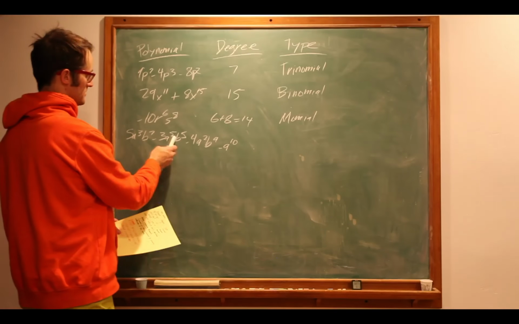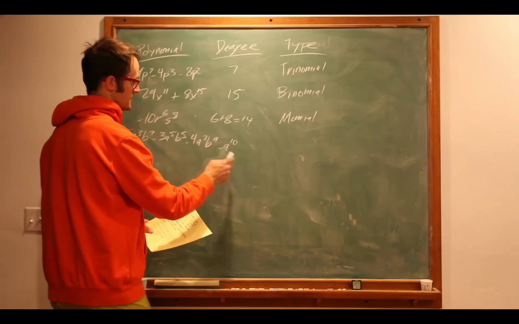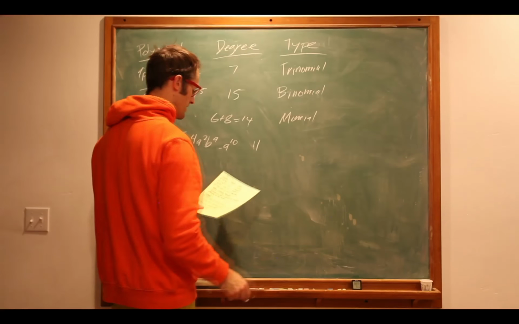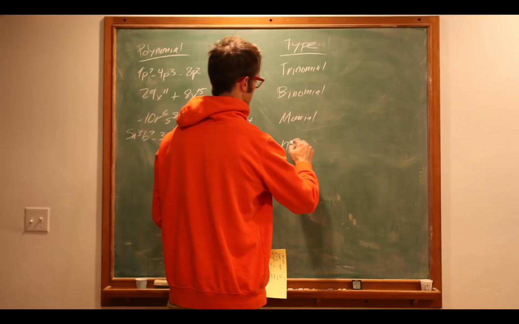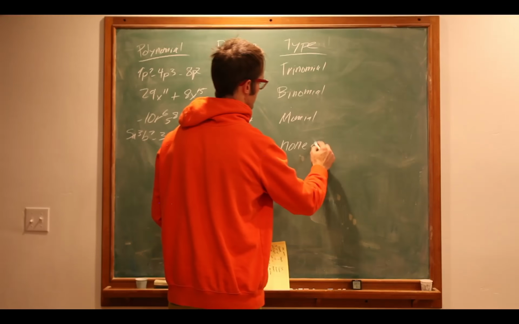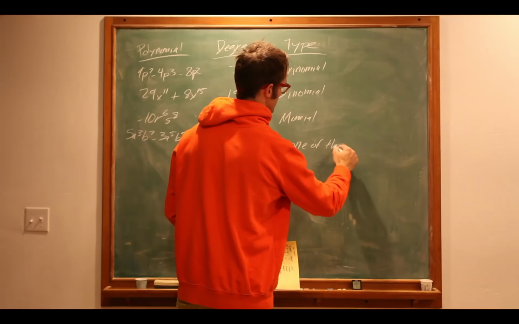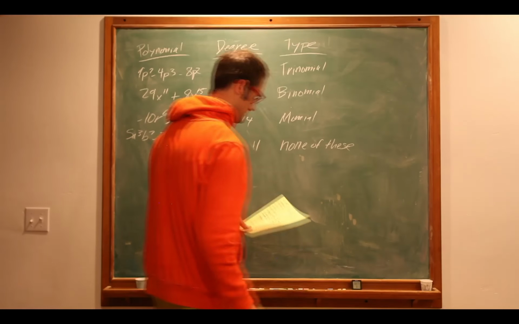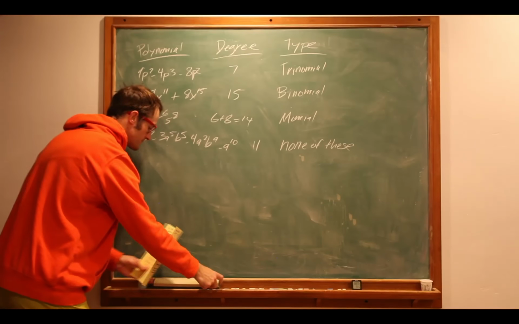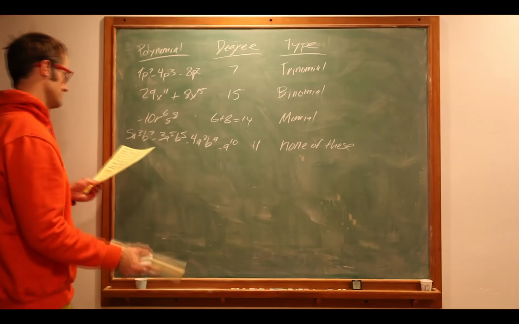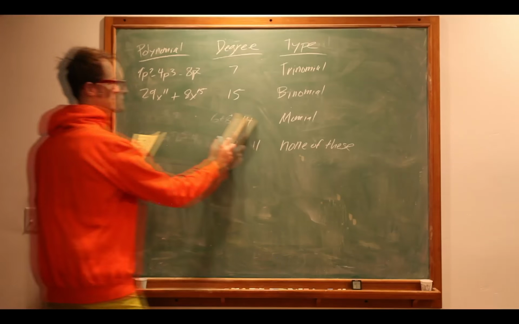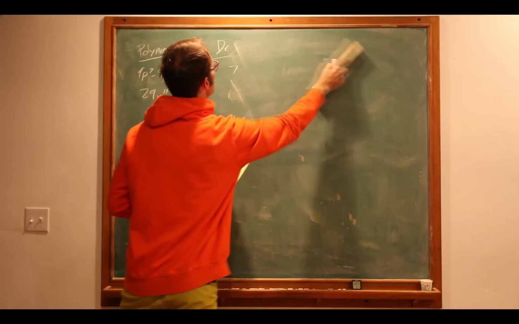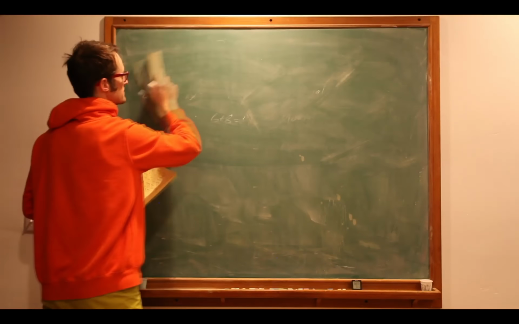So this is 10, this is 10, this is 11, this is 10, so it's 11. And there's no real name for this one, it's too big. Alright, next we are going to get to adding and subtracting polynomials.